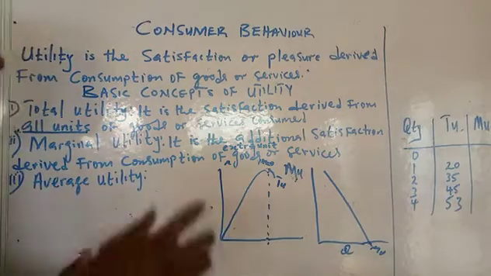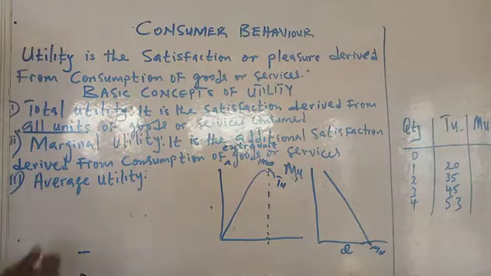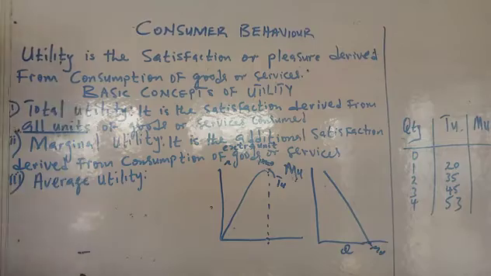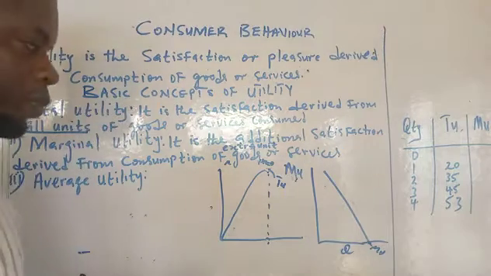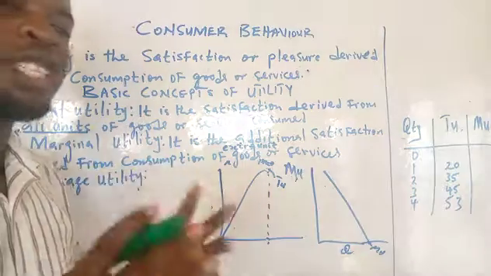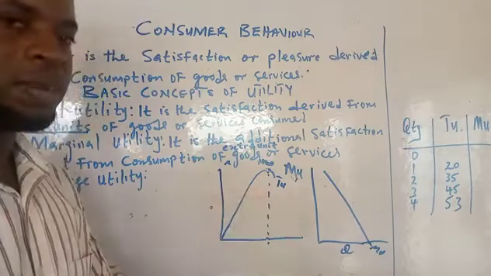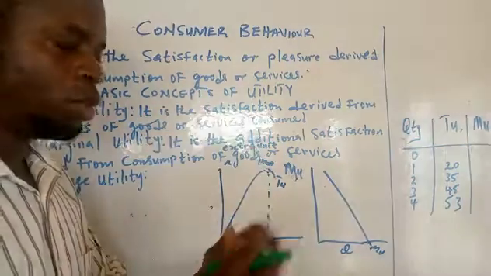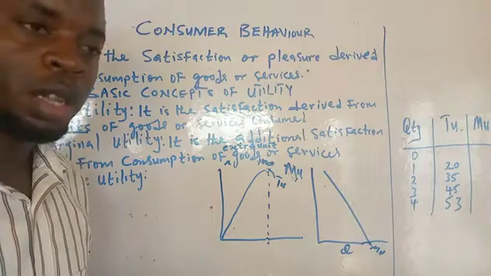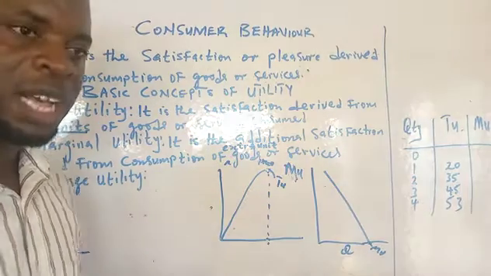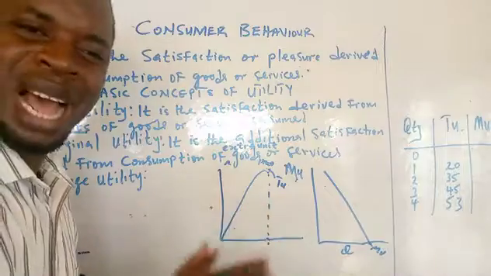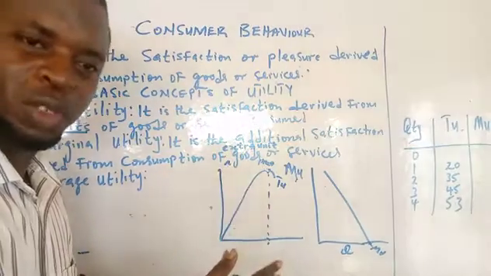Okay. Having understood this, let's look at average utility. By average utility, we mean the satisfaction consumed per unit of commodity. When you consume the first sip of water, you get a particular satisfaction from that.